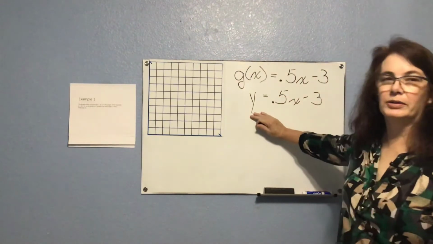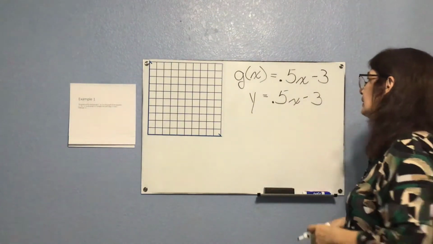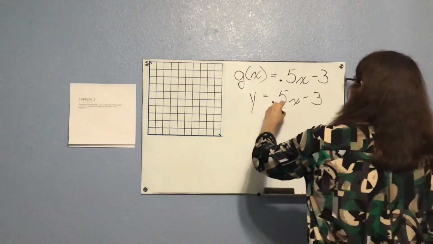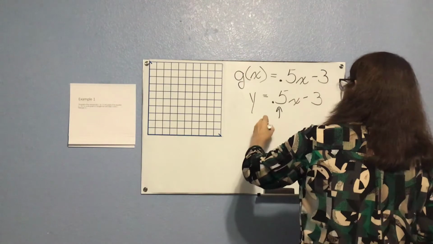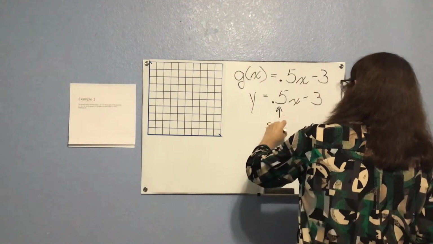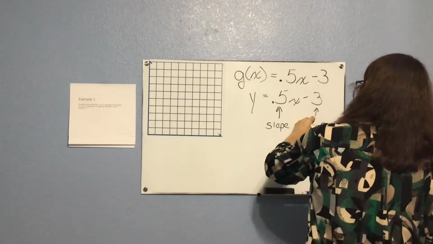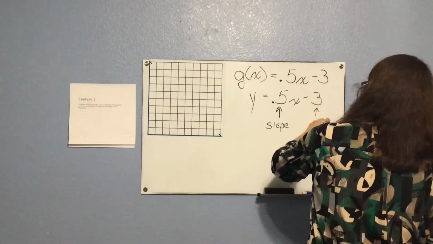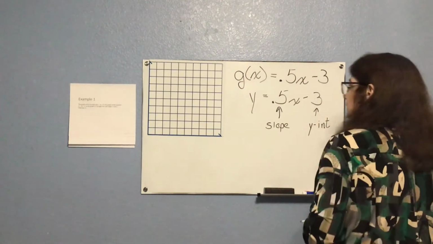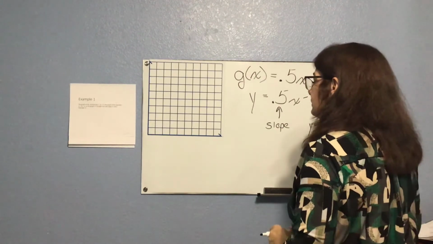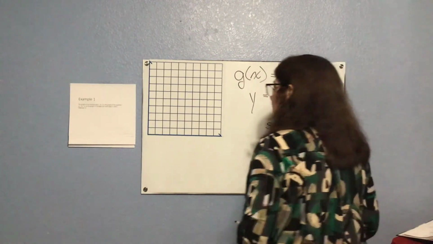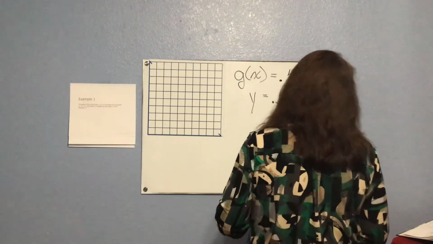This is what we call the slope-intercept form, and we call it that because this number, the 0.5, is the slope, and this number is the y-intercept. Okay, so this one can be very easy to graph.